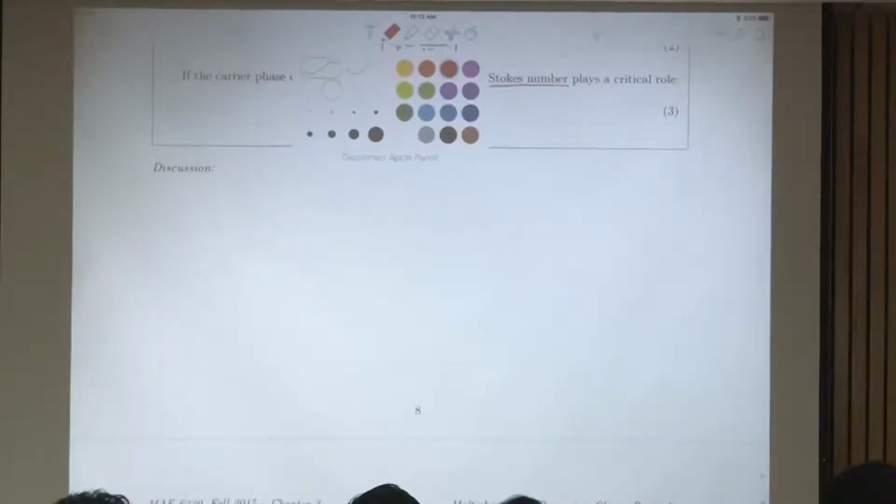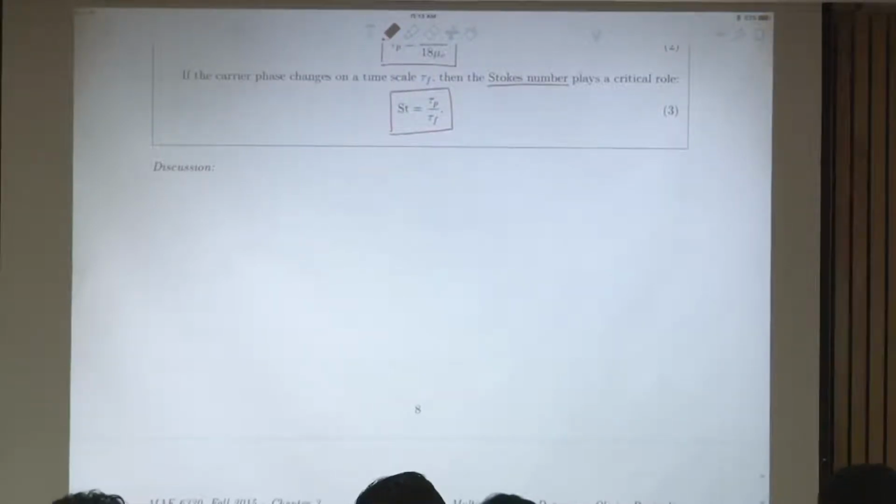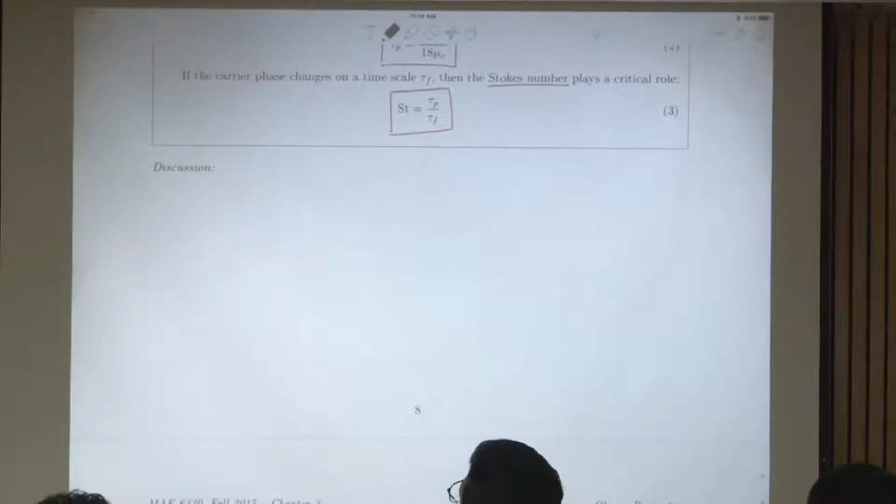So we did that already last time, but if the Stokes number is very small, then you can expect that the particles are essentially going to be perfect tracers.